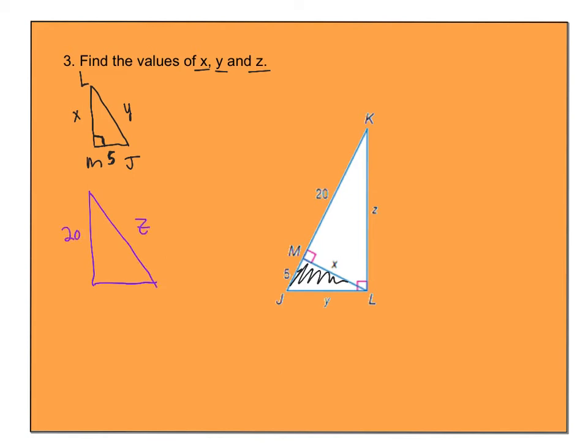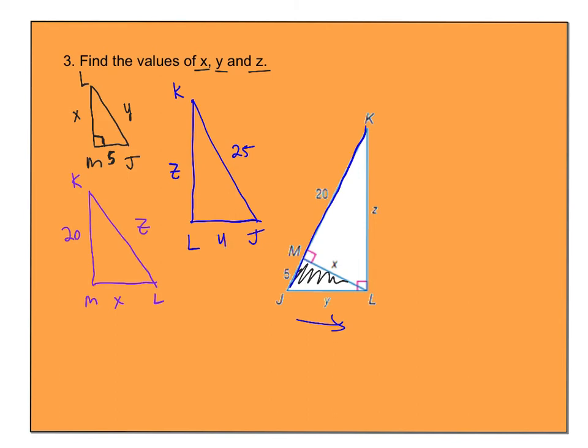That will be Z, that will be X. So this is M, this would be L, and this would be K. Then if I take the big original and flip it, that would be K, this would be L, and this would be J. Now my hypotenuse becomes 25. I take this entire side, this would be Z, and the bottom would be Y.